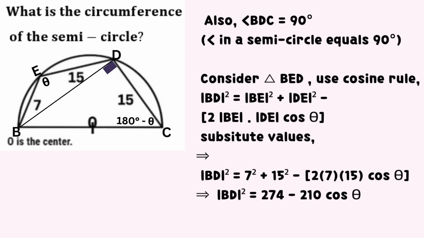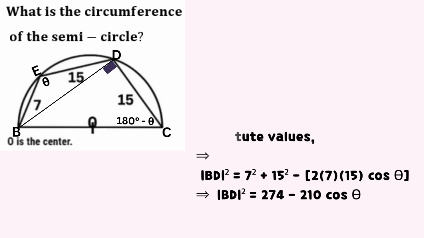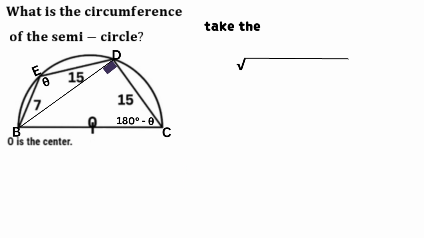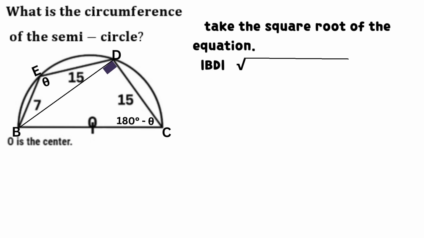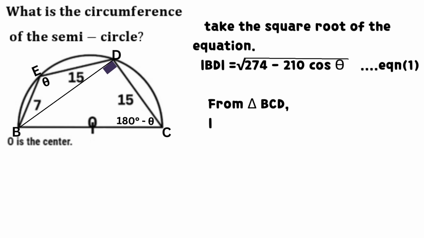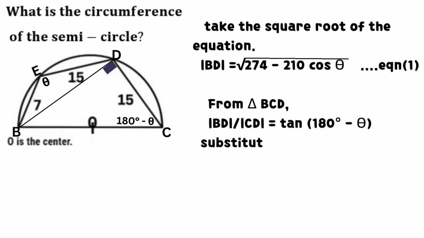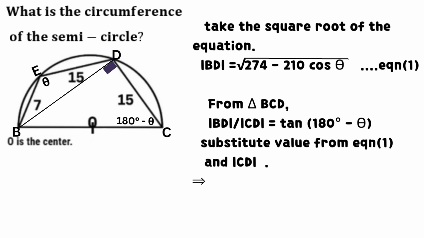We have that the square of line BD equals 274 minus the product of 210 and cosine theta. Take the square root of the equation and we have that line BD equals the square root of 274 minus the product of 210 and cosine theta. We call it equation 1.